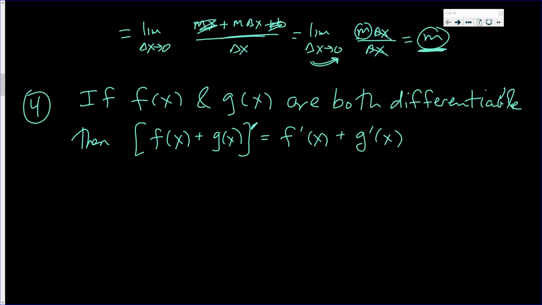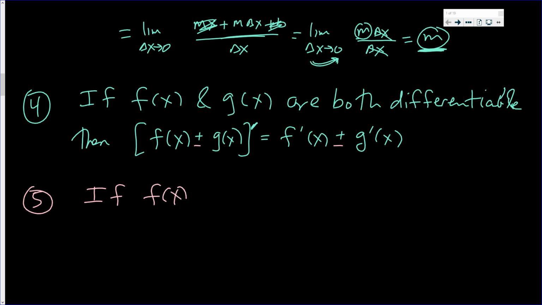You can take the derivatives separately. And if you had f of x minus g of x and you want the derivative of that, you can compute the derivative of f of x then take away from that the derivative of g of x. Okay. Next rule is students' favorite rule.